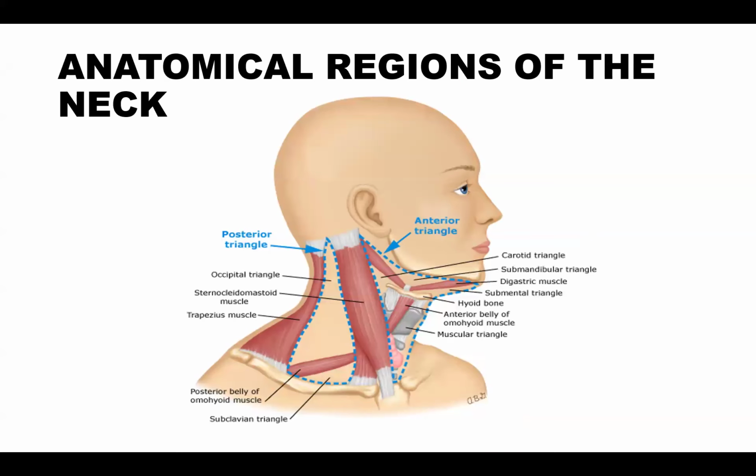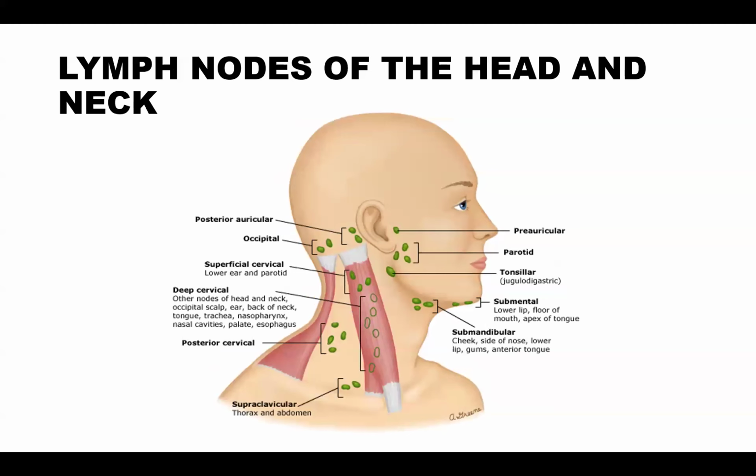Now, the anatomical regions of the neck: you can see the sternocleidomastoid muscle divides the neck into anterior and posterior triangles. And even the anterior triangle is further divided into sub-triangles, but we will not focus on that now. Then we also have lymph nodes that are distributed all over the neck according to regions. Now look at the lymph nodes.